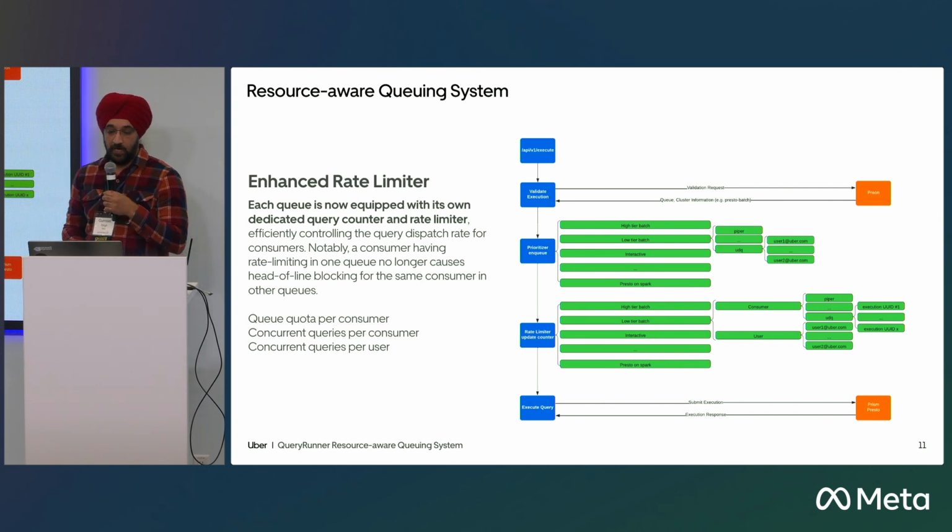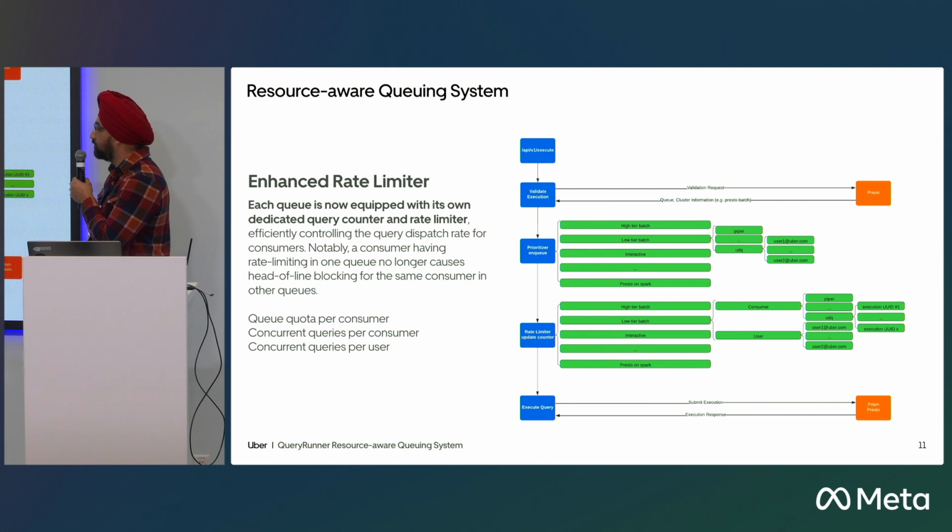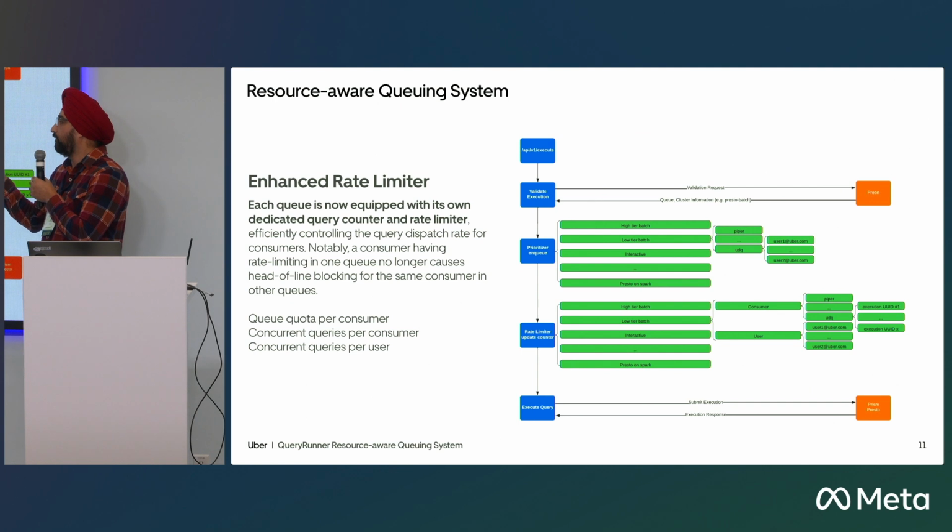With this, the Query Runner allows us to define limits in terms of the number of concurrent queries which a consumer can run within a particular queue, or a user can run within a particular queue.